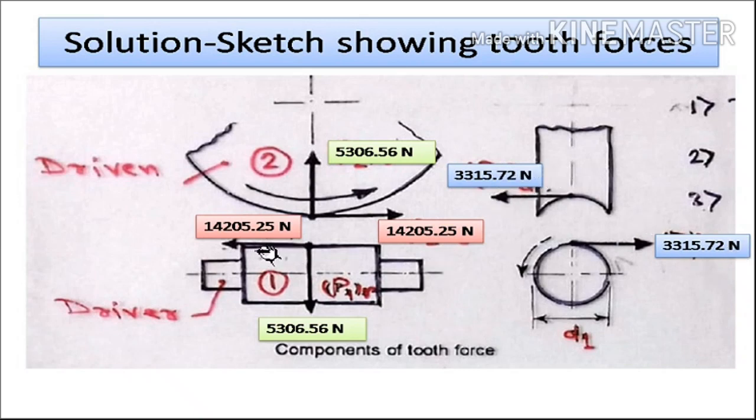Similarly, the axial force on the worm is this one, and this is the tangential force on the worm wheel. Their magnitudes are equal and directions are opposite, while for the radial force on the worm and the radial force on the worm wheel, their directions are opposite and magnitudes are the same. So this is the solution of this particular numerical.